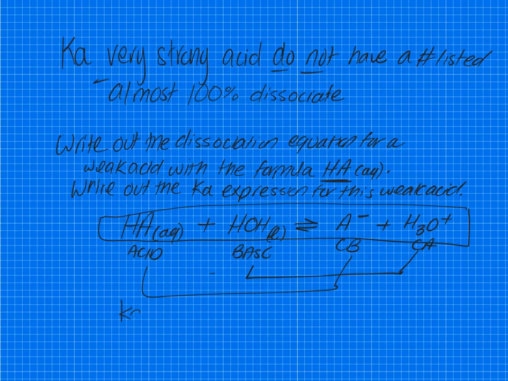And now just like we did for Keq, you write out the products on the top and the reactants on the bottom. Notice again, just like the Keq, we don't include things that are liquid or solid, because their concentration is constant.